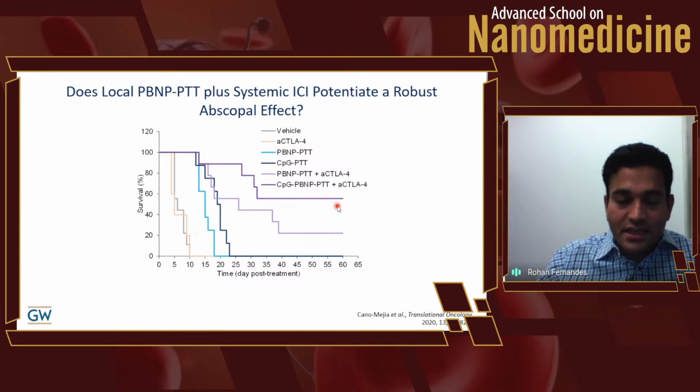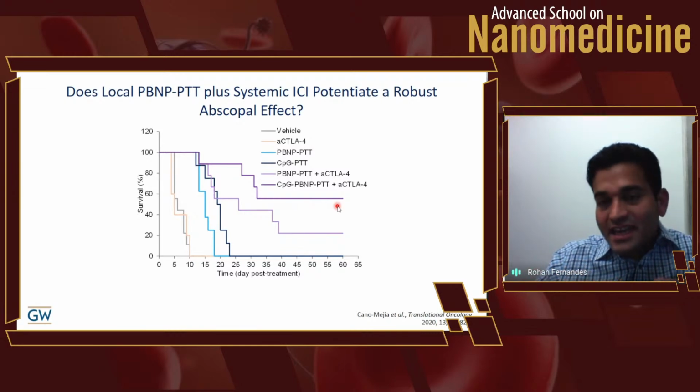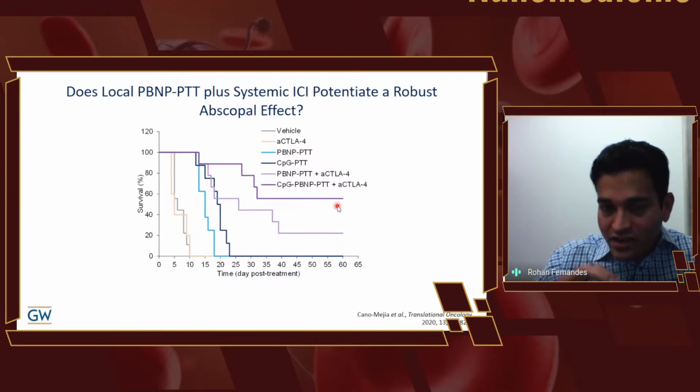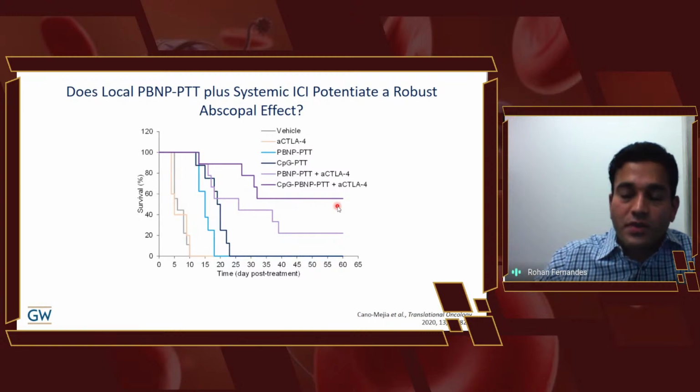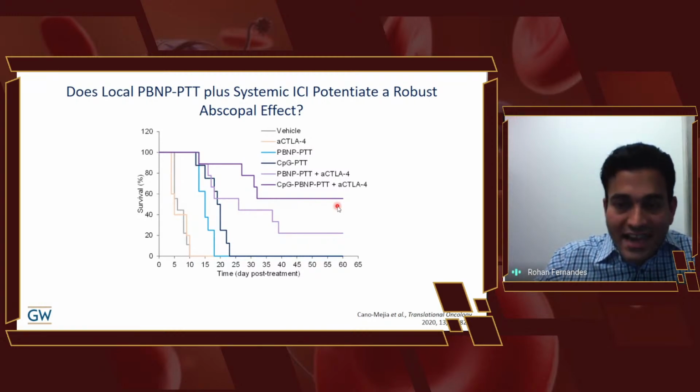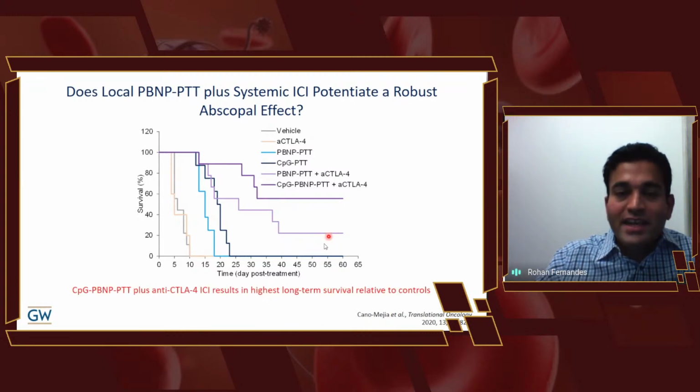That was very encouraging for us, suggesting that the initial increase in tumor size was a consequence of the immune system infiltrating the secondary tumor and mounting a response. So we can conclude from this published study that CpG PBNP PTT plus anti-CTLA-4 immune checkpoint inhibitors resulted in the highest long-term survival relative to control.